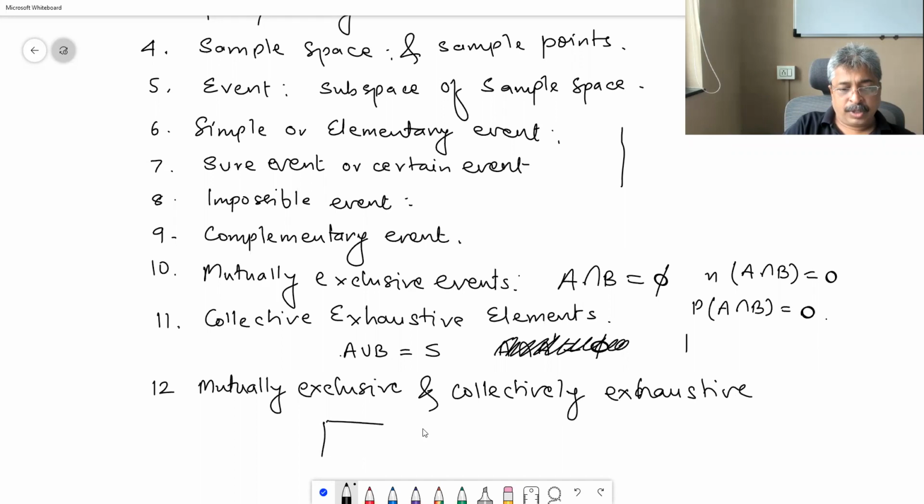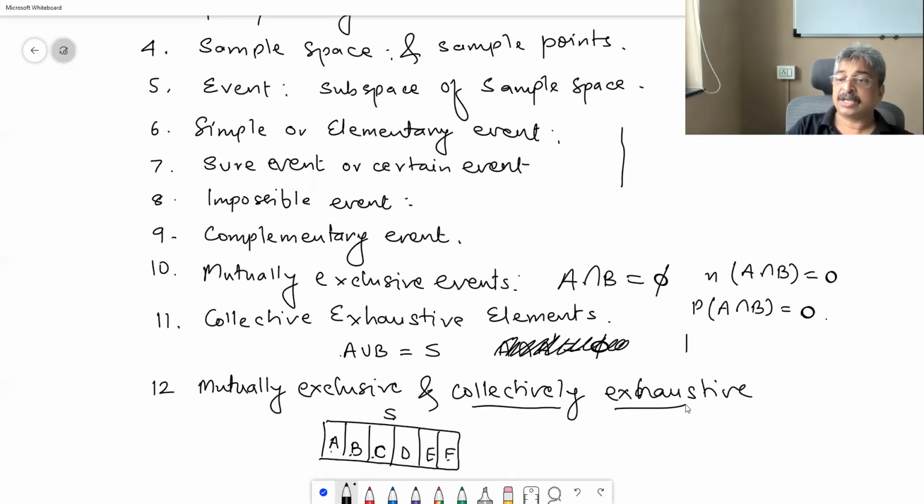It is like you have the total sample space and you have events which are subsets. This is A, this is B, this is C, this is D, this is E, and this is F. So there are a total of 6 events in the sample space S. So A union B union C union D union E union F is the sample space, so collectively exhaustive.